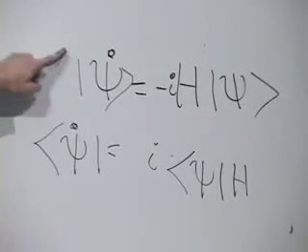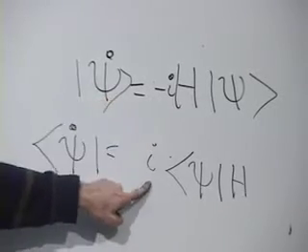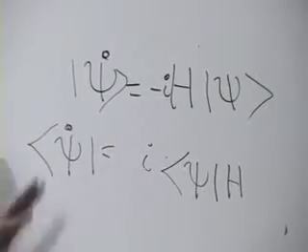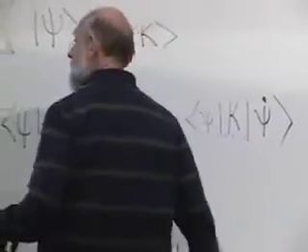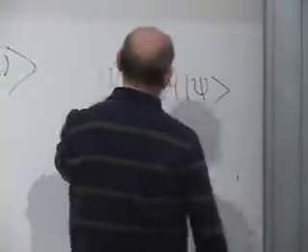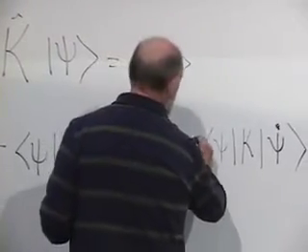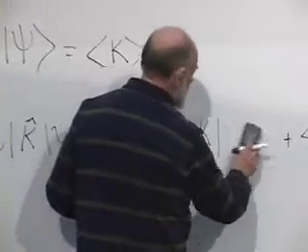This equation here is just the complex conjugate of this equation. I've changed the sign of the i because to complex conjugate i, you have to change its sign. All right, so we have all the material we need. What is psi dot? Psi dot is minus i h on psi. So let's put a minus i here, and instead of writing psi dot, we can write h times psi.